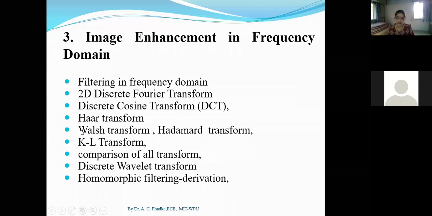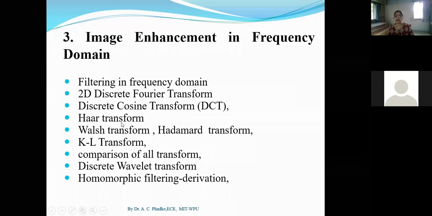To perform this transformation, various transforms are available like Fourier transform, cosine transform, Walsh transform, KL transform. So under unit 3, we will be studying all these transforms.